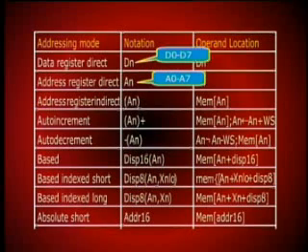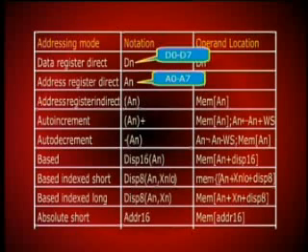Now you see that AN within parentheses would mean that we point to a memory location as given in the register AN. For example, A2 within parentheses would mean that we need to fetch and address the location in the memory given by the contents of this address register A2.